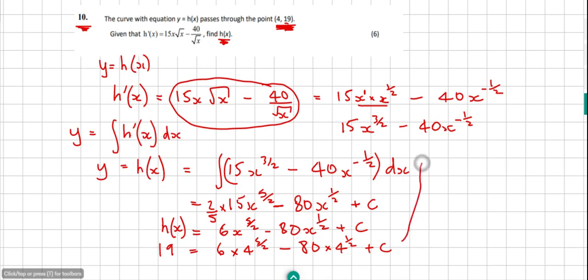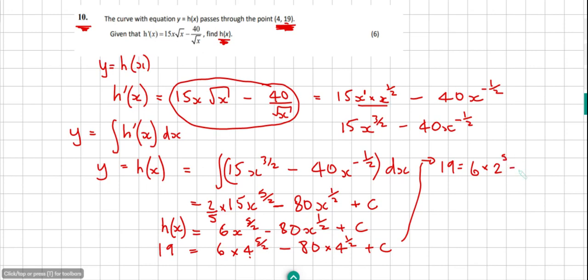So I'll continue working this out up here. What we've got is 19 equals 6 times, and first of all we need to take the square root of 4, that's from the bottom of the fraction. So that's obviously 2. I'll do this in a couple of stages. And then we're still going to take the power to the 5th power of 2. So I took the square root of 4, which is the effect of the bottom of the indices there.